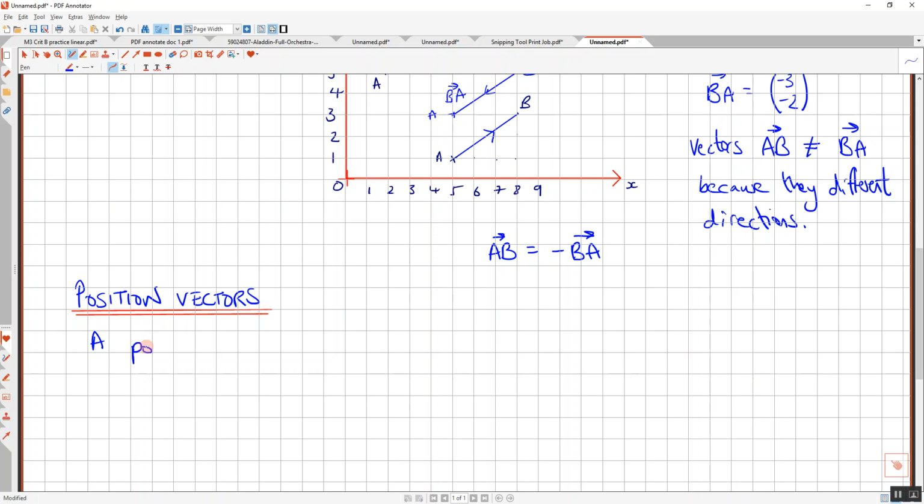Right, a position vector always starts or begins at the origin. Call that with a large O.